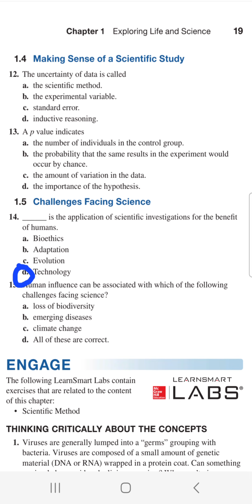How do we get a hand in that? For example, let's say there's a disease that is native to some part of the world, and you travel there and bring it to a new part of the world. So yes, climate change, obviously, transportation, greenhouse gases. So all of these are correct.